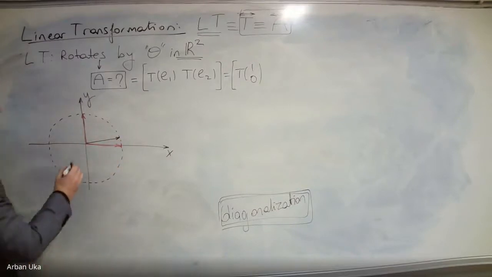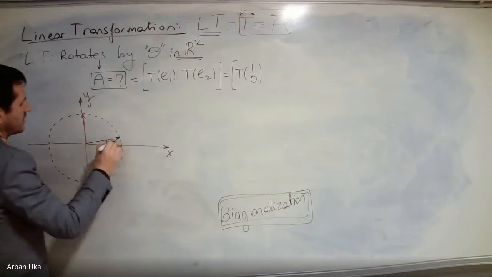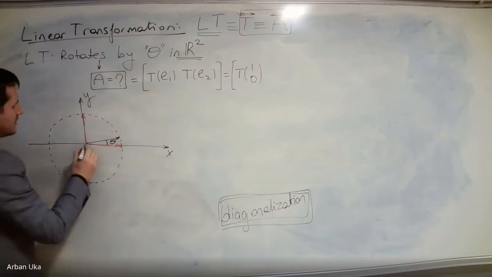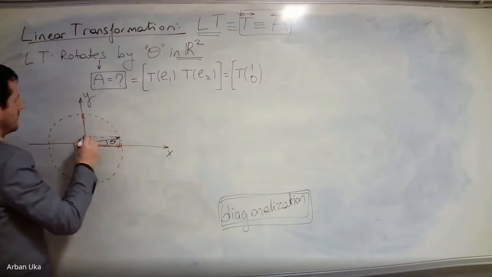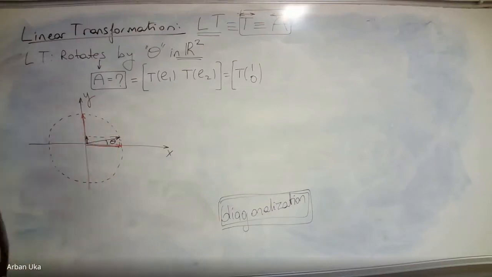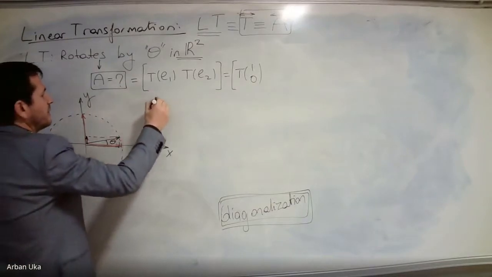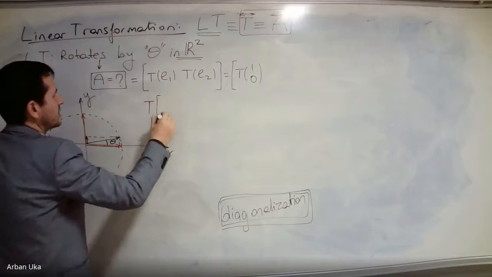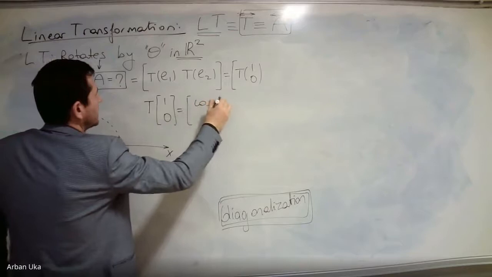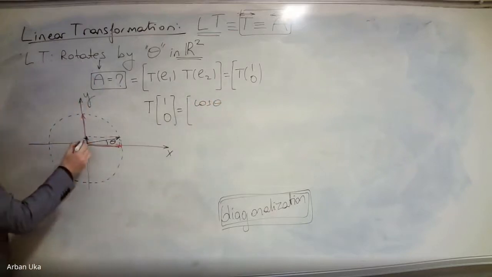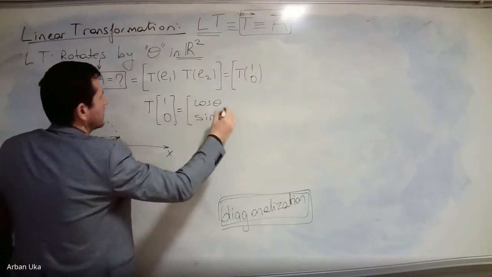So if we have this vector, then what is the projection of this vector along the x-axis? So this linear transformation on 1, 0 is going to be equal to cosine theta. And the projection of the same vector on the y-axis is going to be equal to sine theta.